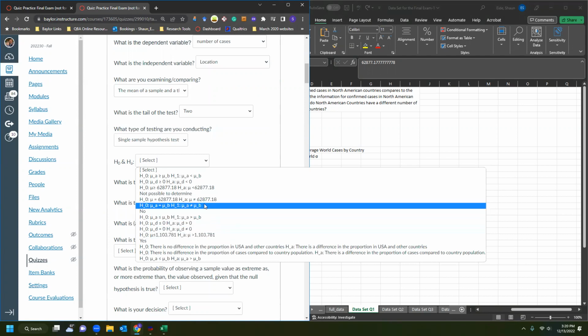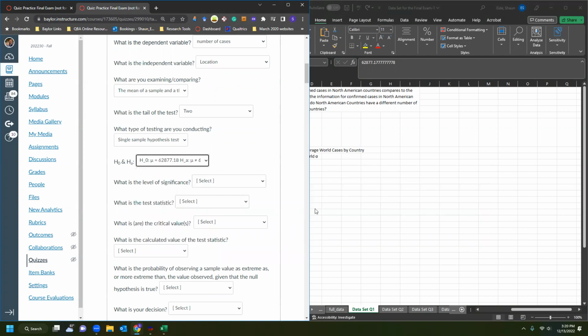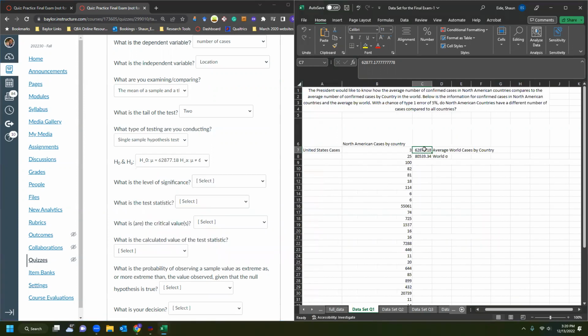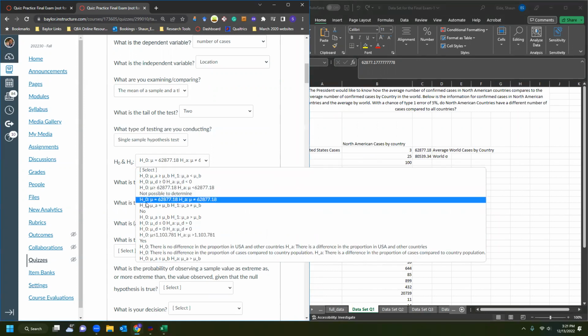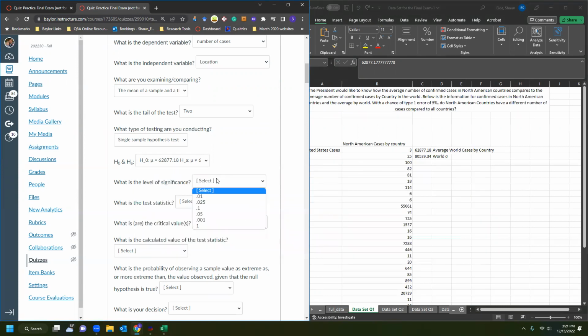So now it's one of these three, and this is a two-tailed test, so it's going to be right there. Yep, we've got the average. So it's 62,877. So the answer is the mean of the sample is equal to 62,877, or it's not equal to 62,877 because it's a two-tailed test.